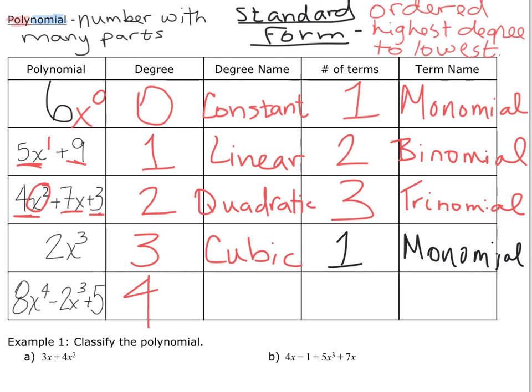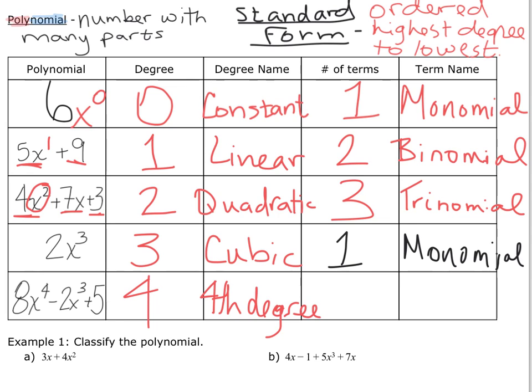It is acceptable, especially once you get up to like 16th degree, which you won't see very often, to just say 4th degree. You could just say it's a 4th degree, whatever.